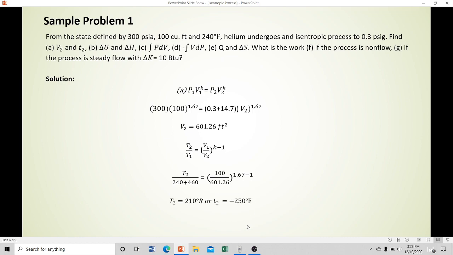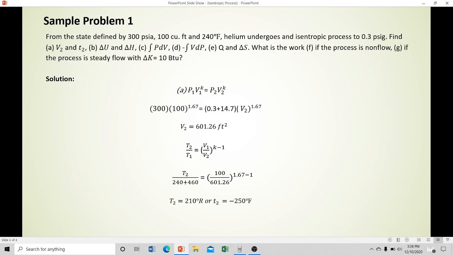Then we get temperature 2 equivalent to 201 degrees Rankine, or T2 is equal to negative 250 degrees Fahrenheit. If we perform this equation again, we should convert all values to absolute: absolute temperature, absolute pressure.